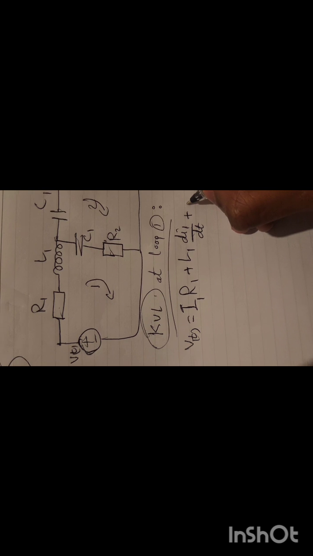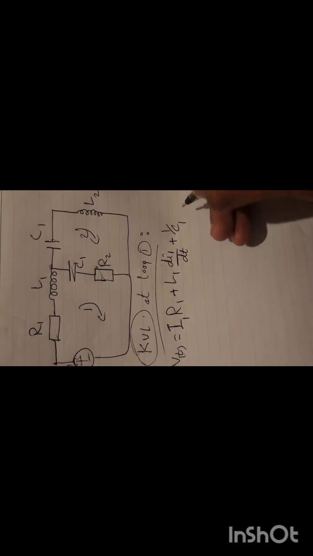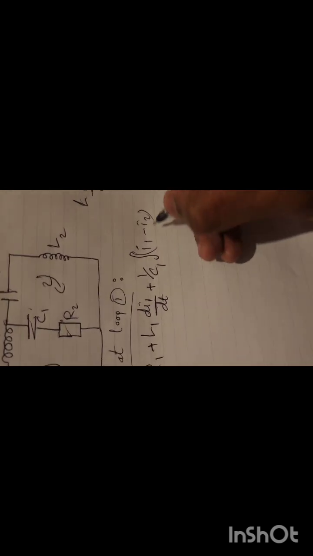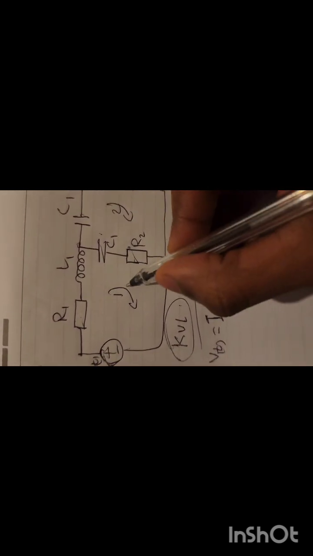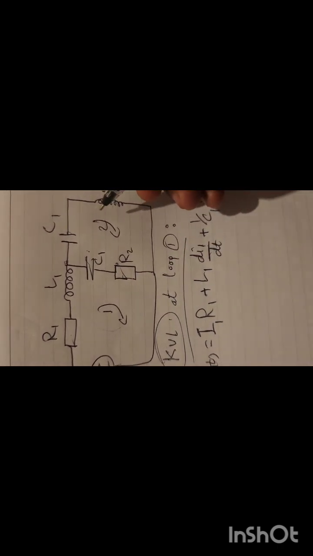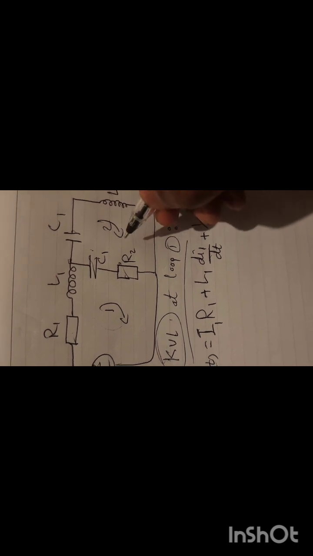And we have also the capacitor here. So the formula for the capacitor is 1 over C1, which is the capacitor here, multiplied by the integration of I1 minus I2. Why I1 minus I2? Because we have here in the mesh analysis, the current from I1 is going this way, and the current of I2 is going in the other direction.